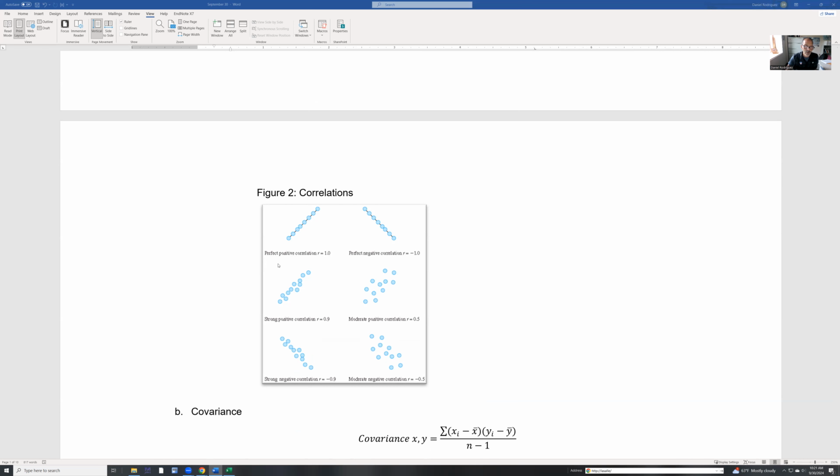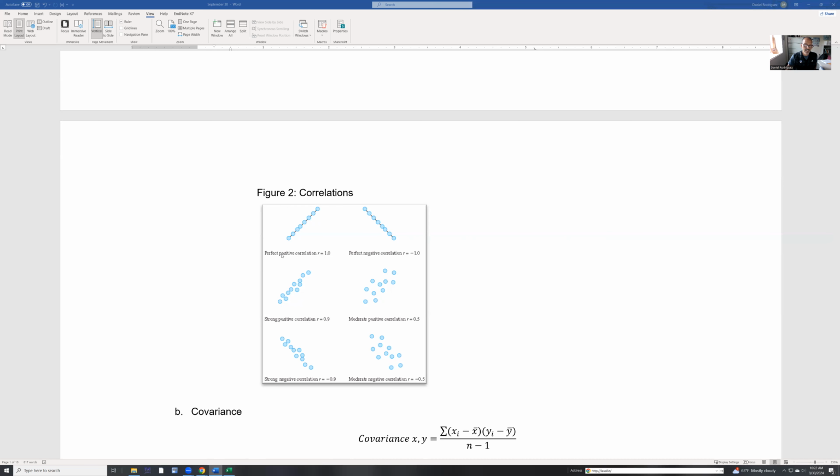So here's an example of a perfect positive correlation. When you have a perfect correlation, all the points, these points represent the intersection of two different variables. Say that we have one variable on the y-axis and one on the x-axis. Like say we have self-esteem and happiness. So self-esteem is on the y-axis, that's the vertical axis, and the x-axis is happiness.